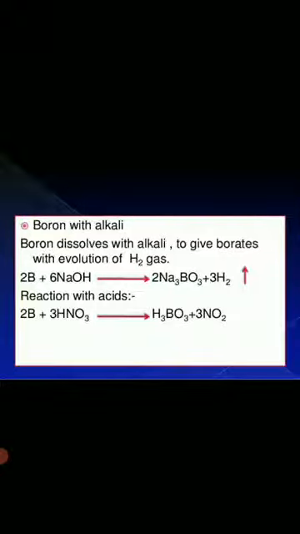Boron reacts with alkali to give borates: B plus NaOH gives Na3BO3 plus hydrogen. Reaction with acids: B plus HNO3 gives boric acid H3BO3 plus nitrogen dioxide. Questions can be asked, such as how boron reacts or what happens when boron reacts with sodium hydroxide or with acid.